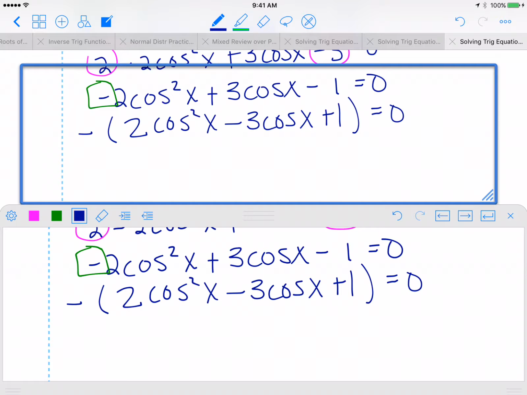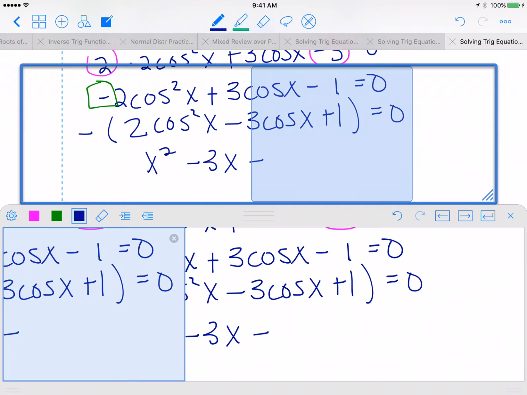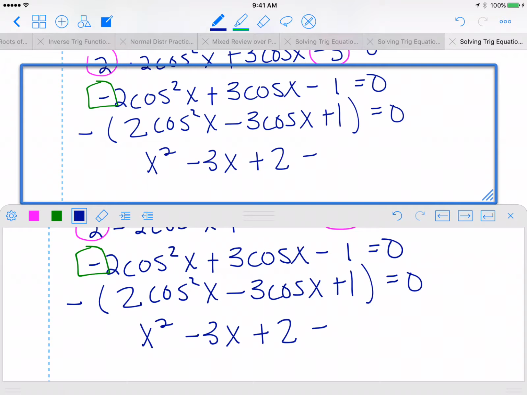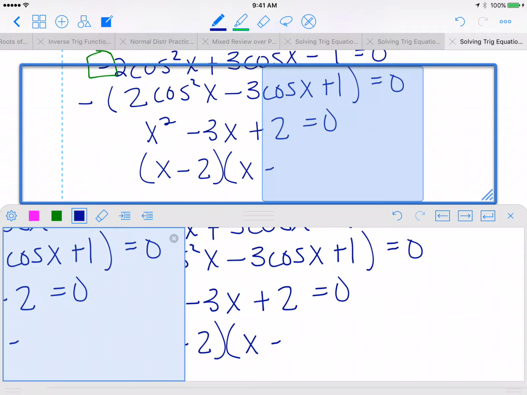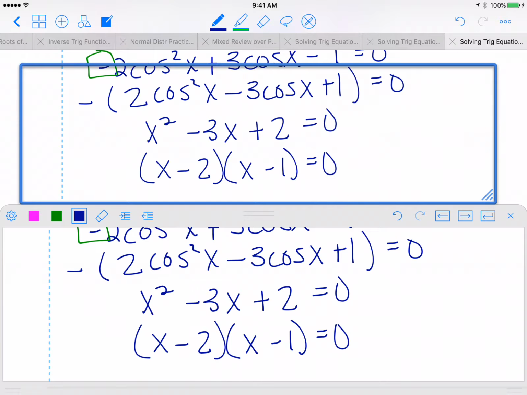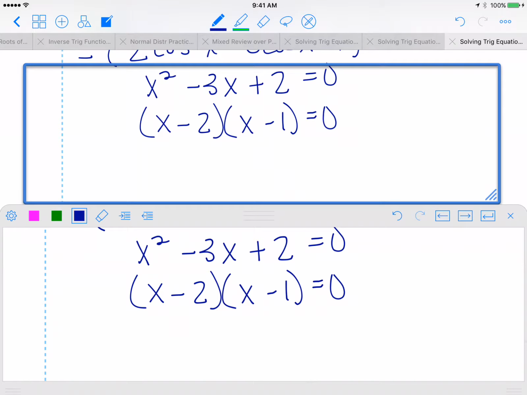So we can think to ourselves x squared minus 3x plus 2 equals 0. So what factors of 2 that are going to have the same sign, that add together to give you negative 3? And that would be a negative 2 and a negative 1. So then we have to divide out because we multiplied by a 2.